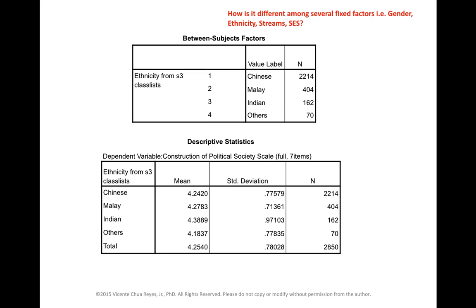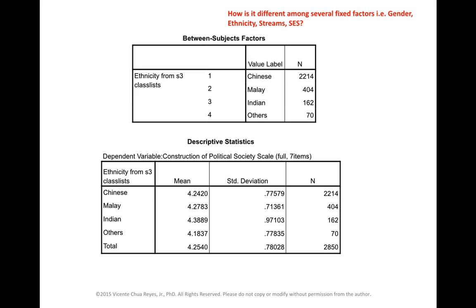So the table above tells us that 2,214 of the respondents were ethnic Chinese, 404 were ethnic Malay, 162 were ethnic Indian, and the rest, 70, were others. These are students who are not Chinese, Malay, Indians, probably from other countries who have already migrated to Singapore.